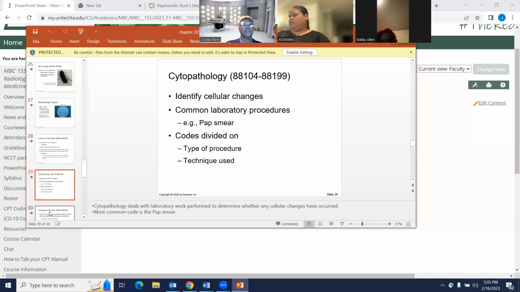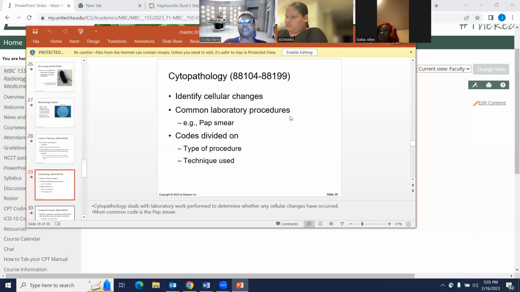Okay. So the last question I asked was, what is the name of the subsection within pathology laboratory that deals with the laboratory work done to determine cellular changes? Look at this PowerPoint slide. Cytopathology 88104 through 88199. Identify cellular changes.